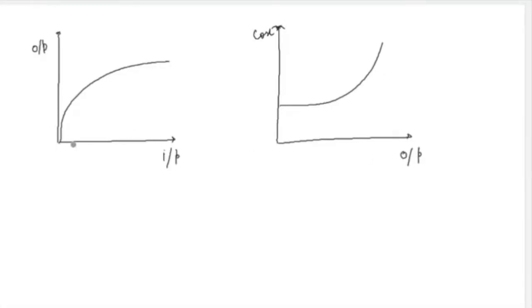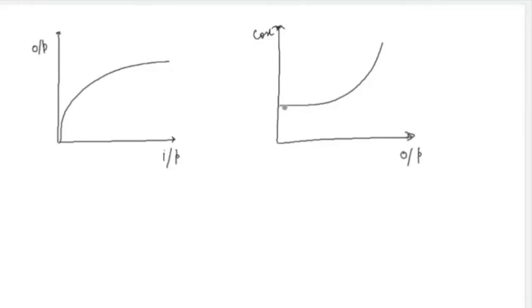हमने जब production function को देखा था तो हमने ये बोला था that whenever input increases, output is increasing, but now output is increasing at a decreasing rate. Cost function को अगर आप interpret करो तो again you notice that as output increases, the cost of production increases. As your firm is producing more output, obviously the firm will have to incur more cost and hence the cost is increasing.